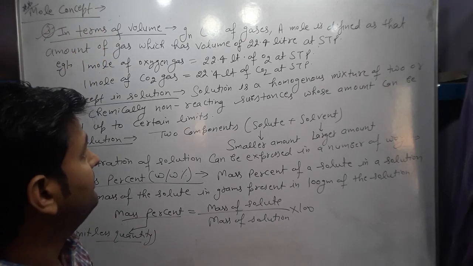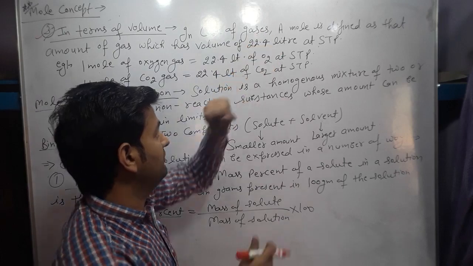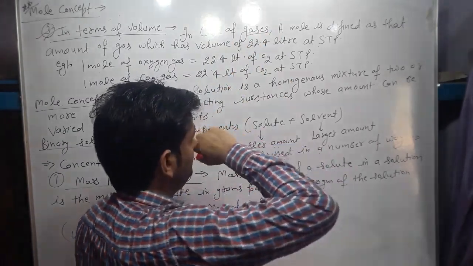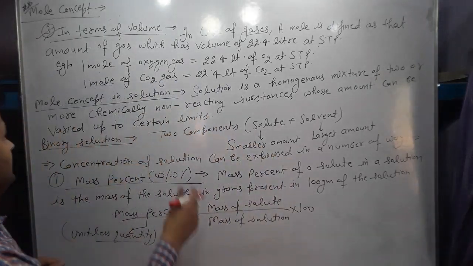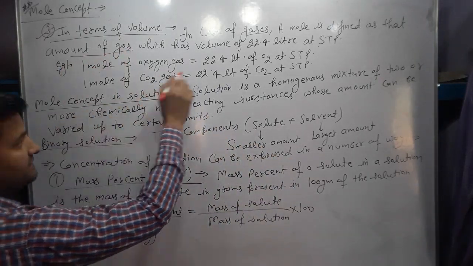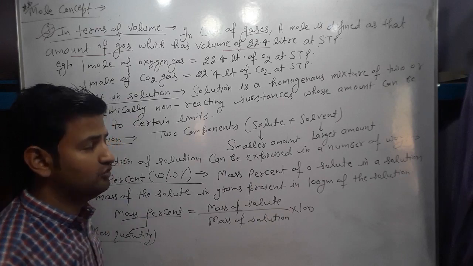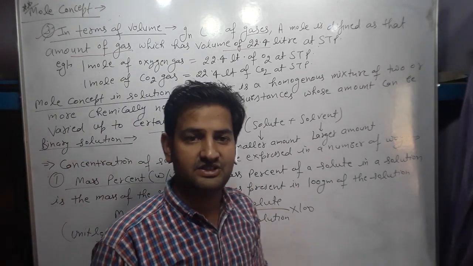In case of volume, in case of gases, because gases are measured in volume, a mole is defined as that amount of the gas which has a volume equal to 22.4 liter at STP.